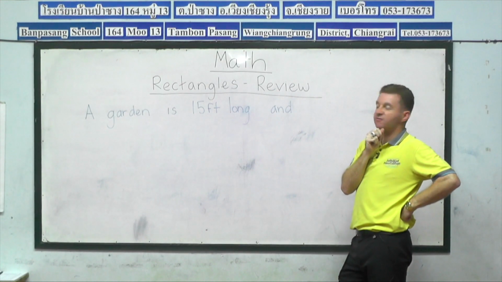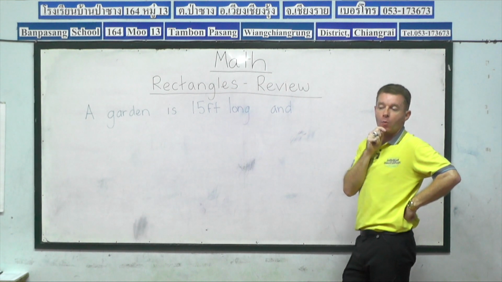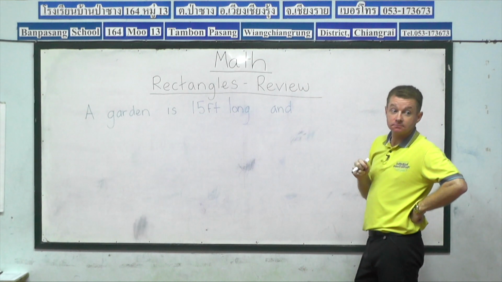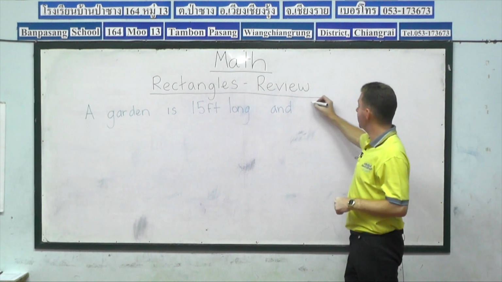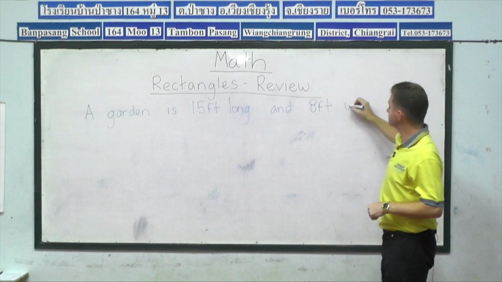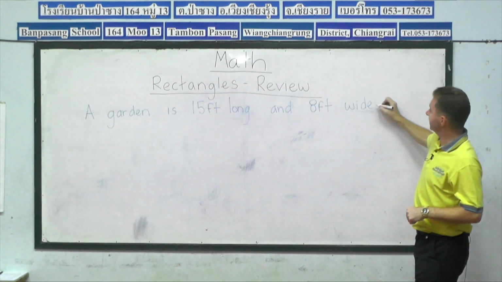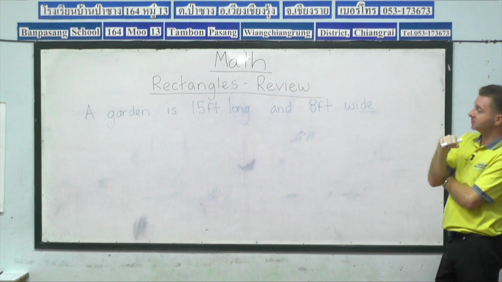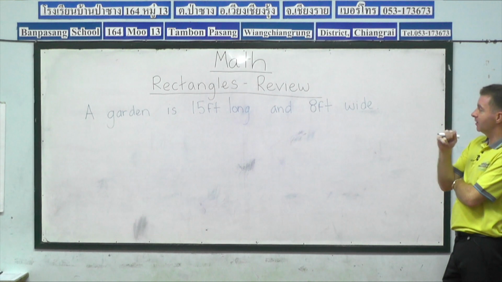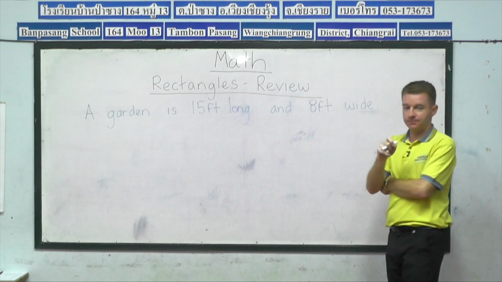We've got 15 foot long. How about width? How wide is the garden? 8 foot, okay, and 8 foot wide. So let's say that together first. A garden is 15 foot long and 8 foot wide.